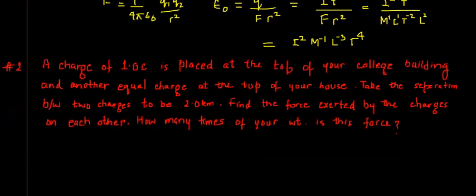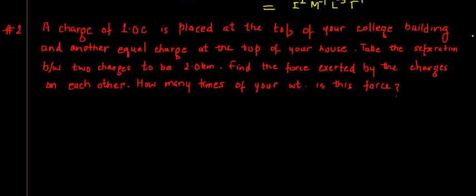Okay, let's do the second question. The second question says that a charge of 1 coulomb is placed at the top of your college building and another equal charge at the top of your house. Suppose this is a college building and there is a charge kept here.